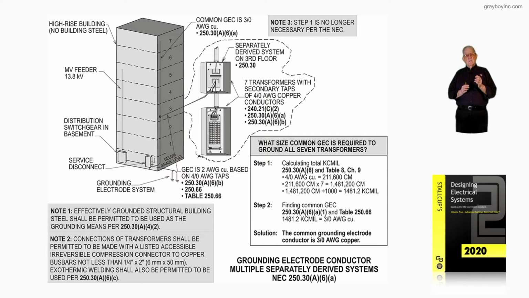Now, if you can't get to the structural steel, then it's common to run up a conductor that you see in the illustration. And then again, it's up to the designing engineer where they want to say, size it up to 250 for sensitive electronic equipment that may be installed.